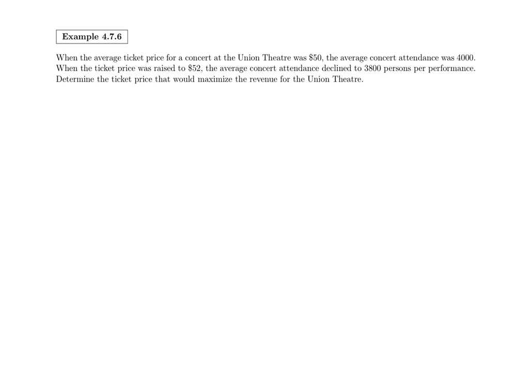So what we need to do here is talk about a few different things. One is that we have two pieces of information about our ticket prices, and we're going to assume that means there's a linear relationship. So we're going to have to determine an equation for the price in terms of the number of people who attended.